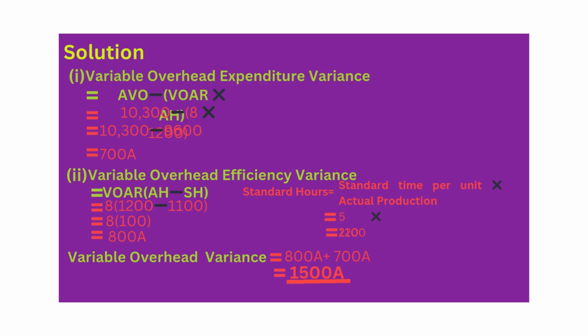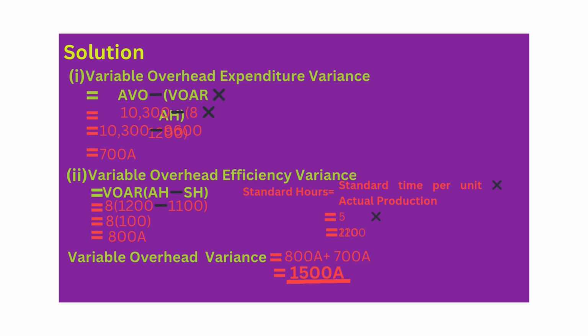To get our standard hours, we multiply the standard time per unit by the actual production, which gives us 1,100. So it will be 8 into 1,200 minus 1,100, which gives us 100, so 8 multiplied by 100, we get 800. And because our actual hours are greater than the standard hours, we say it's adverse.